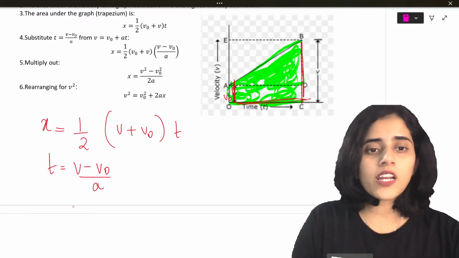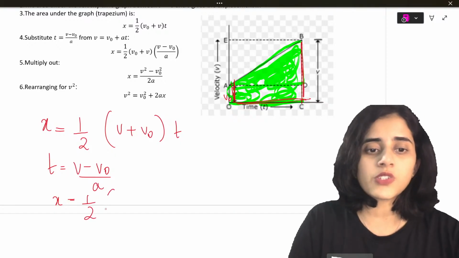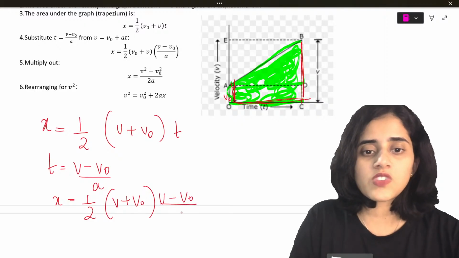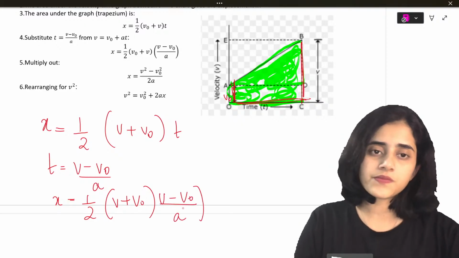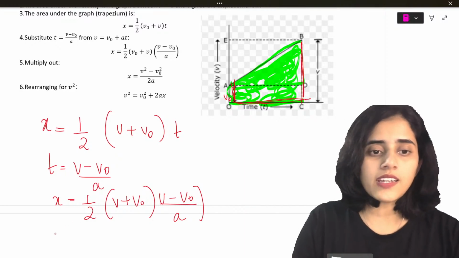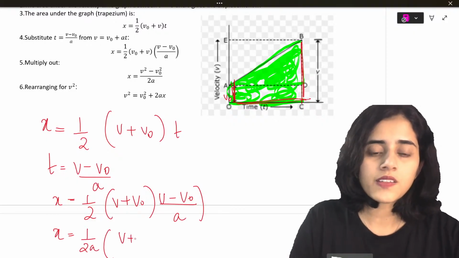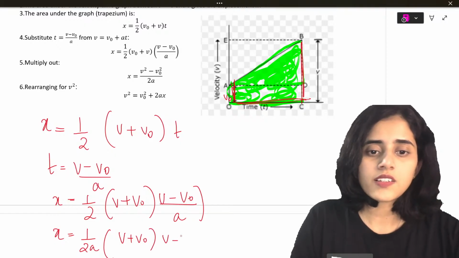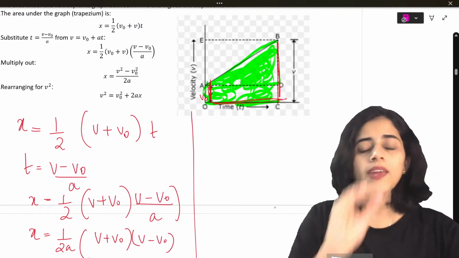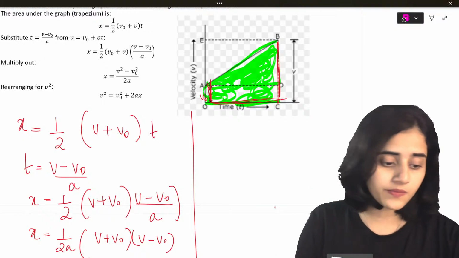Now I'll substitute that. So x will be equal to half into v plus v naught times v minus v naught by a. Now I'll just take a outside. So x is equal to 1 by 2a times v plus v naught times v minus v naught. Now a plus b into a minus b is a square minus b square.